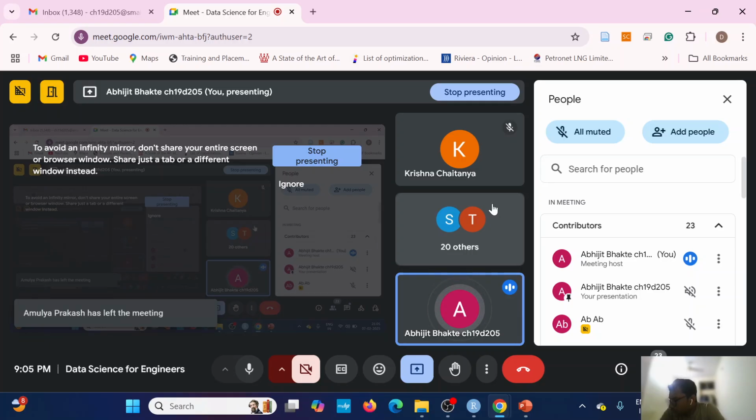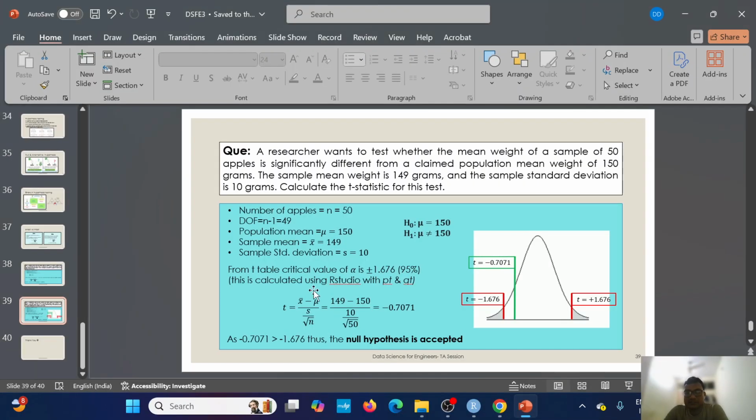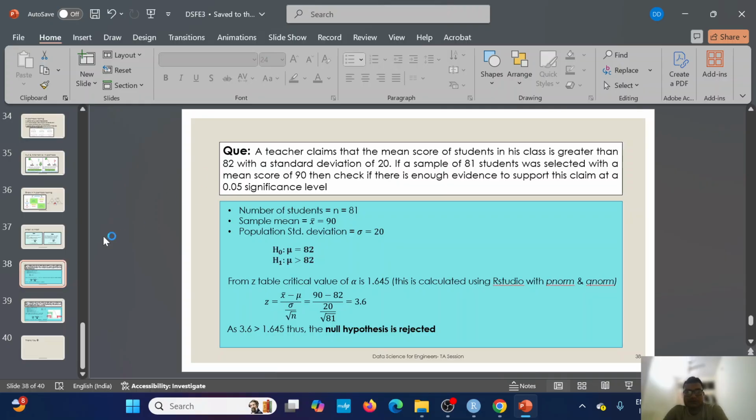I don't think there is a requirement of research papers for all these things. Just go on Google, and there are many analytics blogs and medium.com. You will find so many articles talking about this kind of test.